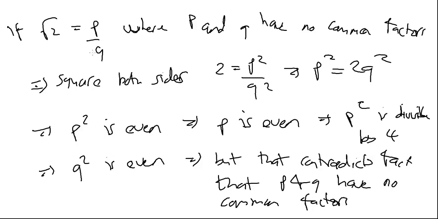So therefore the square root of 2 cannot be written in the form p over q, so the square root of 2 is not rational, it's irrational.